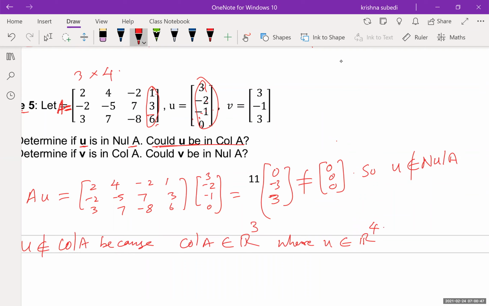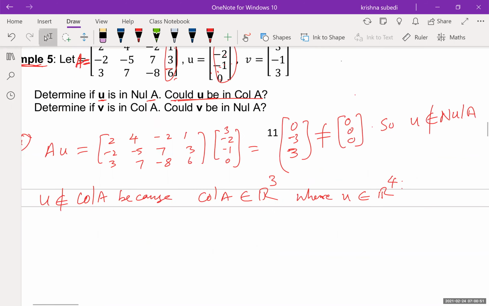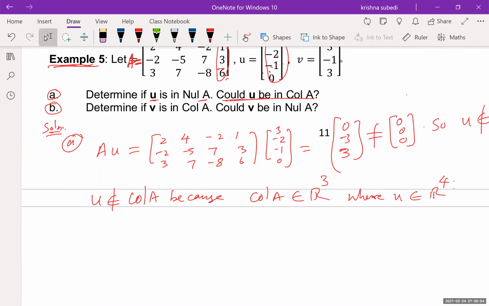So it cannot belong to that. It's that simple. In the same way, you can do part B, and I leave it to you guys.